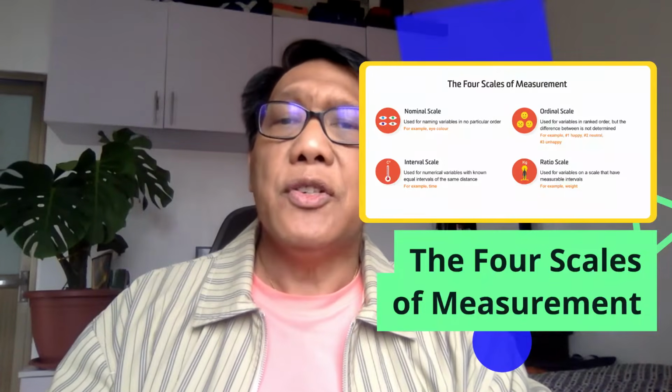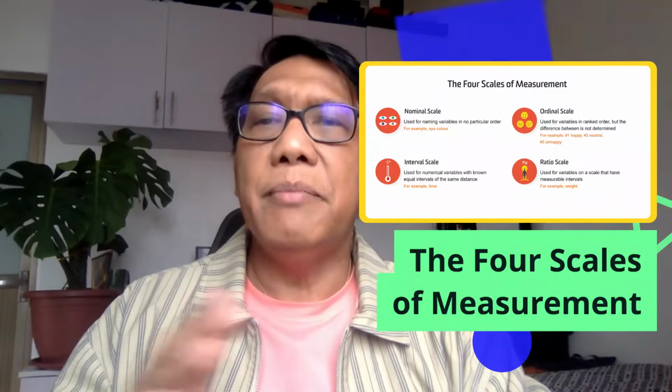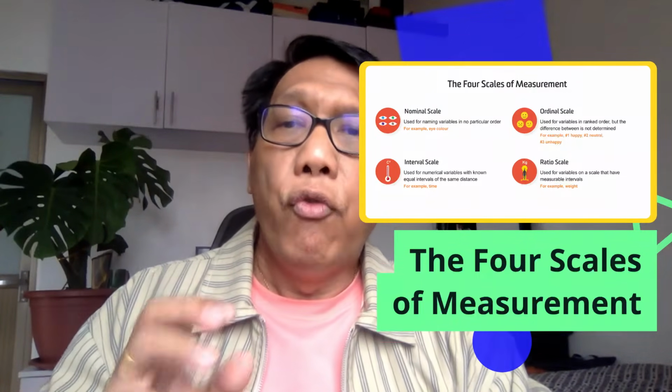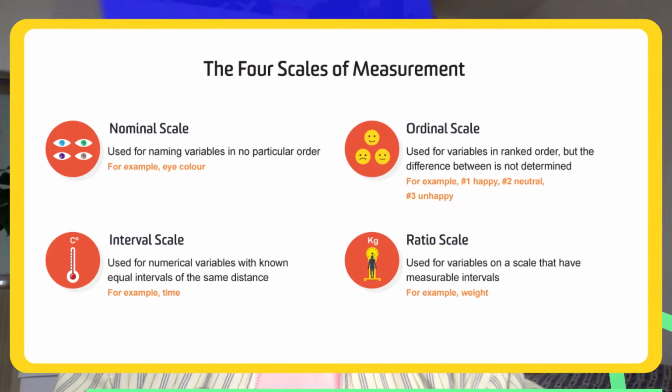And in his famous article, Stevens argued that all measurement is conducted using four measurement levels. The four measurement levels are nominal, ordinal, and interval, as well as ratio.